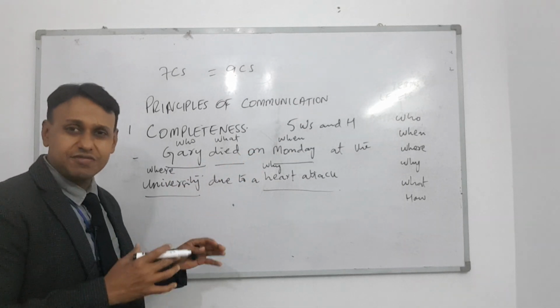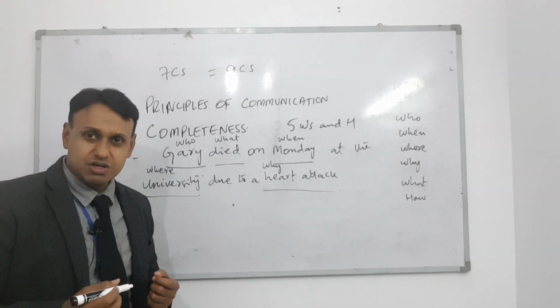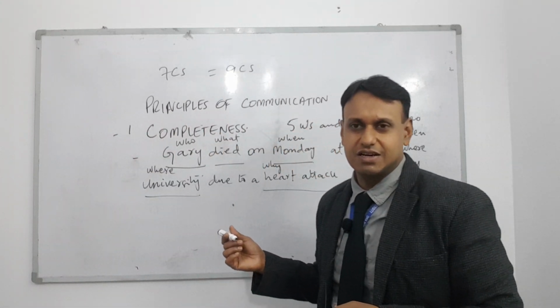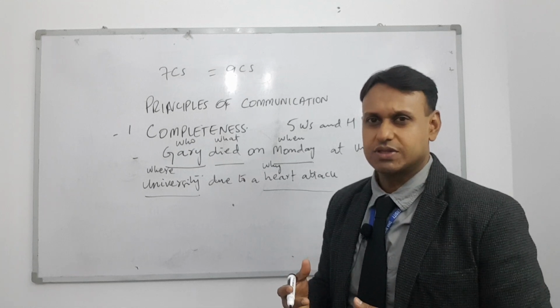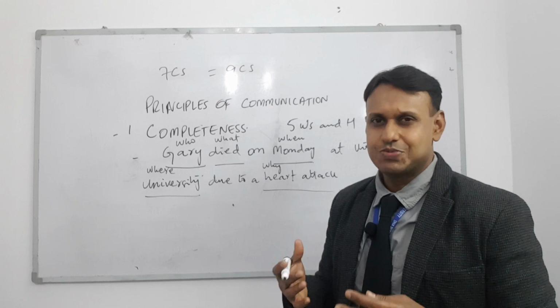Now we have covered all the 5 W's here, but we have not covered H. So how do you want to incorporate H in this sentence? That's a task here. So what do you suggest? How should I cover this one so that it becomes a complete sentence? It's a bit tricky, yeah?